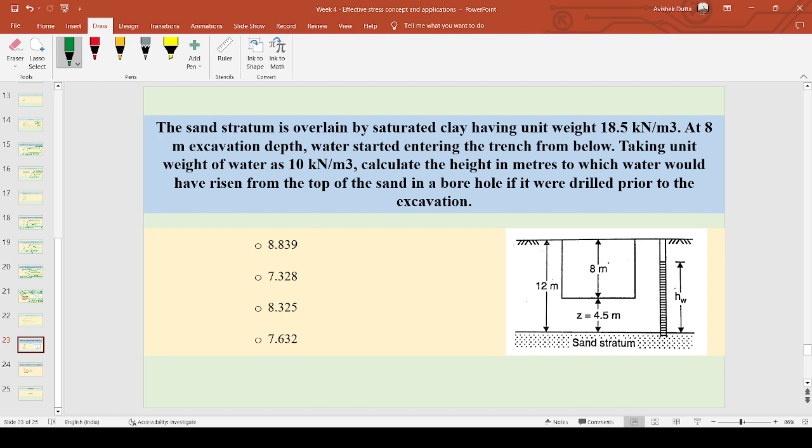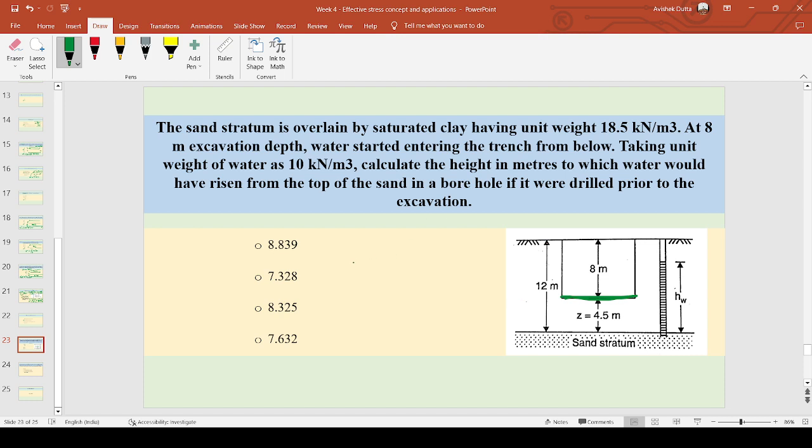So when water starts seeping out, or water starts entering this trench in this layer, that means the effective pressure has reduced to 0 in the first case. That means the grain to grain transfer of load by the soil pressure is not enough to hold the water. In that case, what will happen?